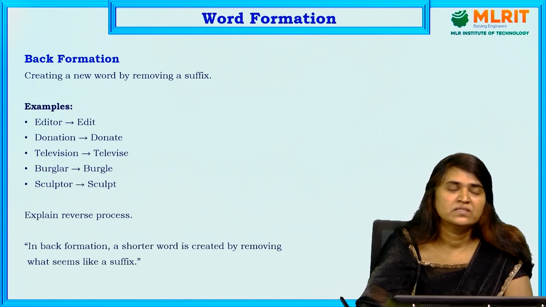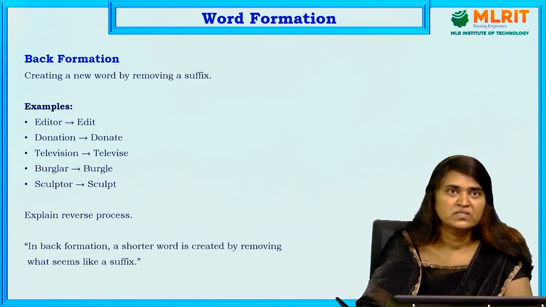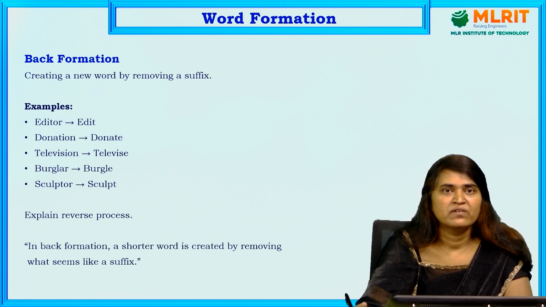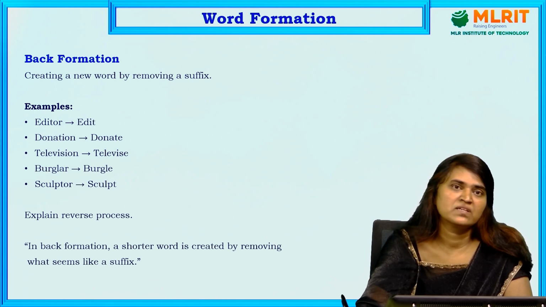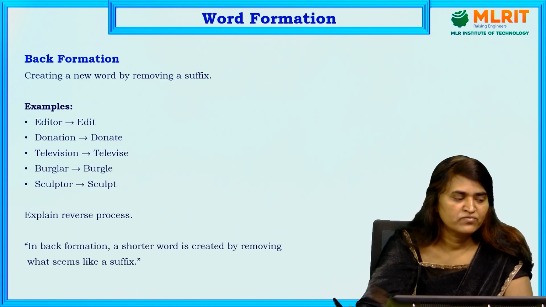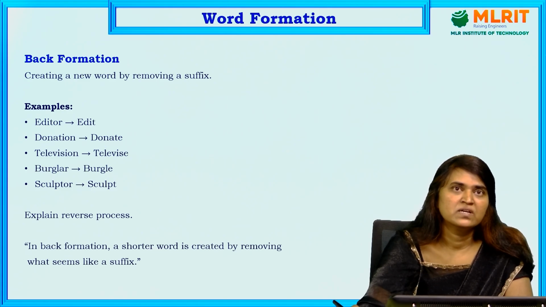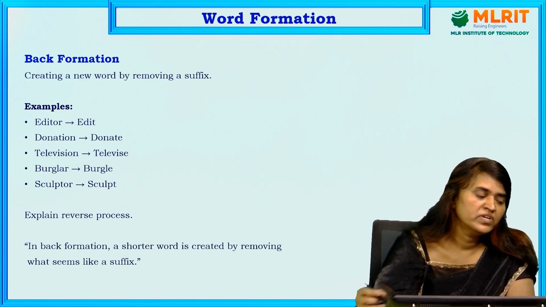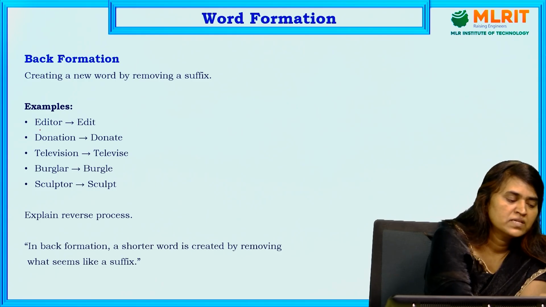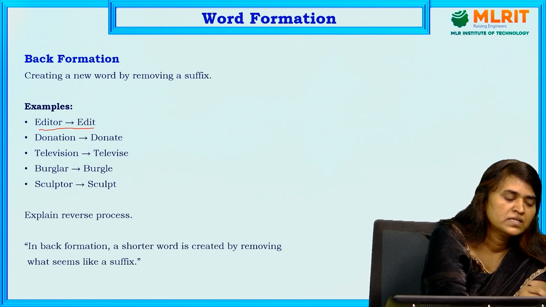So next, the type of back formation. It's very simple. In back formation, a shorter word is created by removing what seems like a suffix. So what is back formation? Back formation is creating a new word by removing a suffix. If you see the example here, editor. In editor, we are removing the suffix. What is the suffix here? 'Or'.